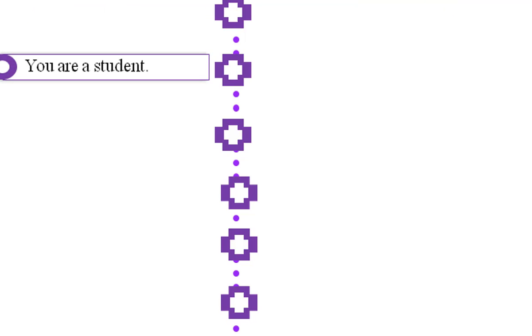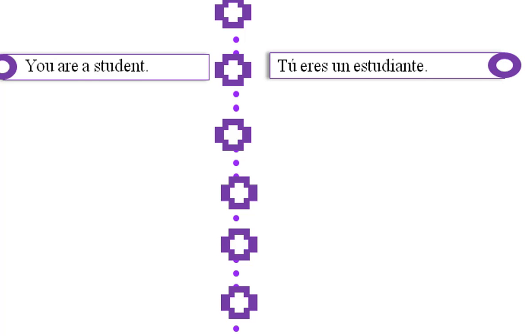You are a student. So basically you are talking about a characteristic, or you are talking about a profession. So you, it can be tú, it can be usted, depending upon how you are addressing the person. So if you are talking in an informal way, tú, and eres is the tú form of ser.